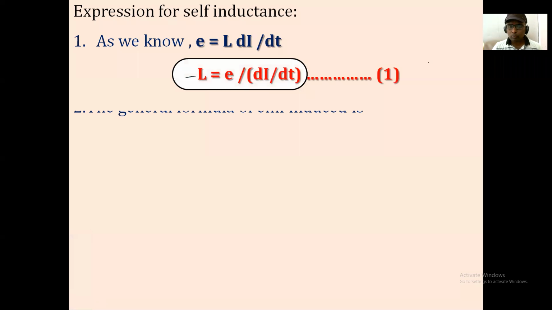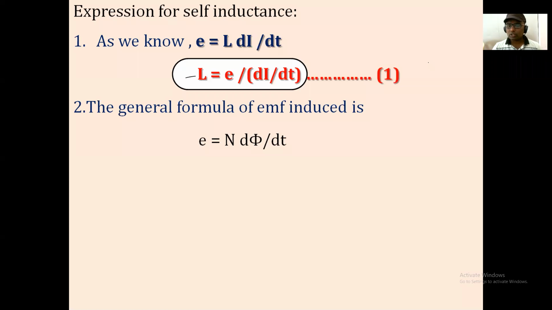How can you derive one more equation? Just see here. As you know, the general formula for the self-induced EMF is equal to N dφ by dt. Now see, here N has come. So according to this equation, can I write it like d/dt of Nφ? Out of that, the constant term is N, so I can write it like that also.